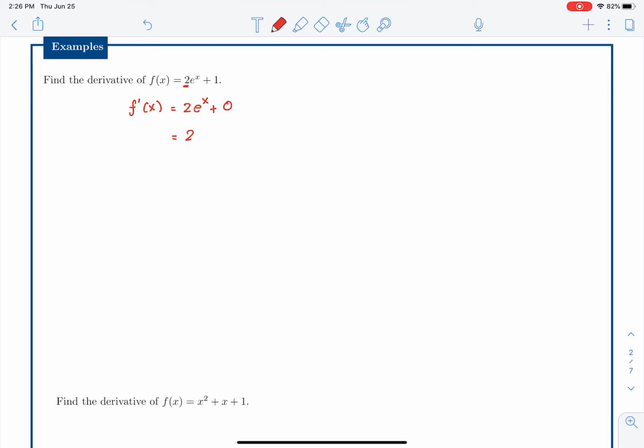So in this case, the answer is 2 times e raised x. If you want to explicitly write this, we're trying to find df over dx. So you take the derivative of the first term and the derivative of the second term. This is what I meant by things being distributive, in the sense you can distribute the derivative through to individual terms.